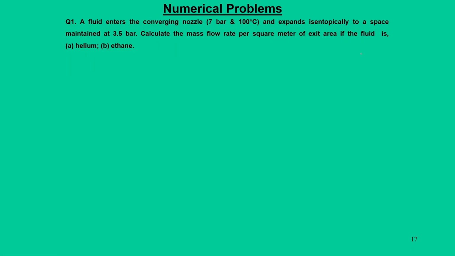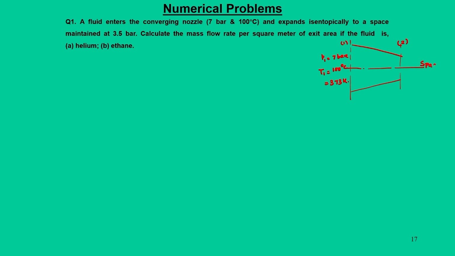So, let us understand the physical concept of this. We have a converging nozzle. The initial conditions are P1 is 7 bar, T1 is 100 degree centigrade, that means 373 Kelvin, and condition 2, that means the space.